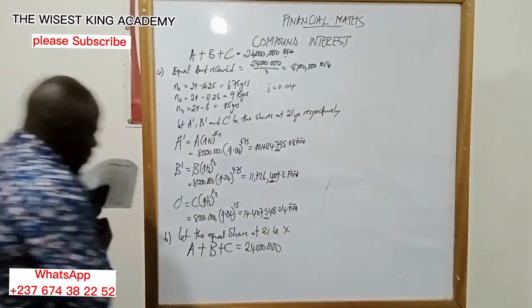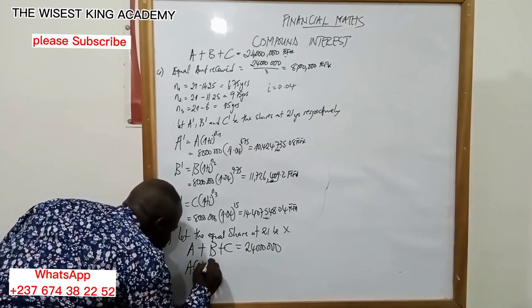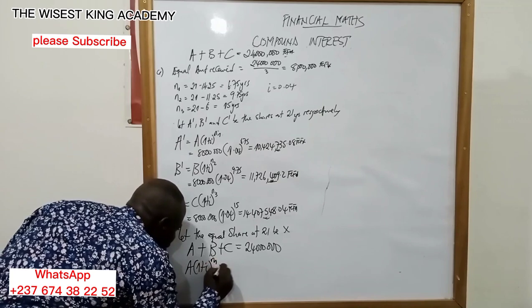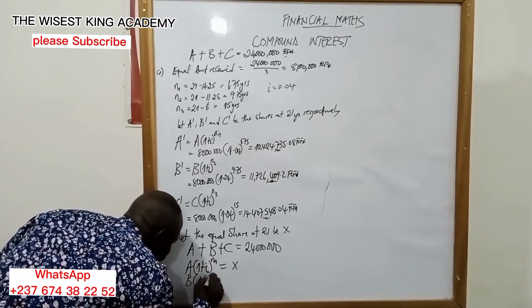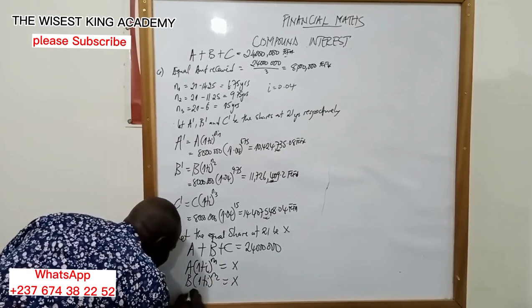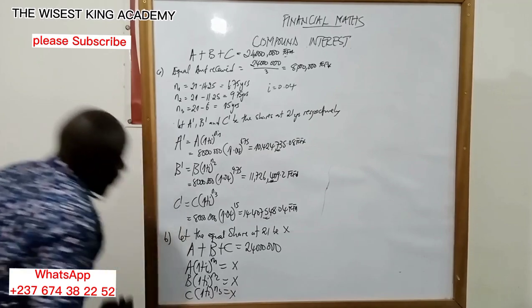Let me put that down. It means that A into 1 plus I raised to the power n1 will be equals to X. B into 1 plus I raised to the power n2 will be equals to X. And C into 1 plus I raised to the power n3 will be equals to X.